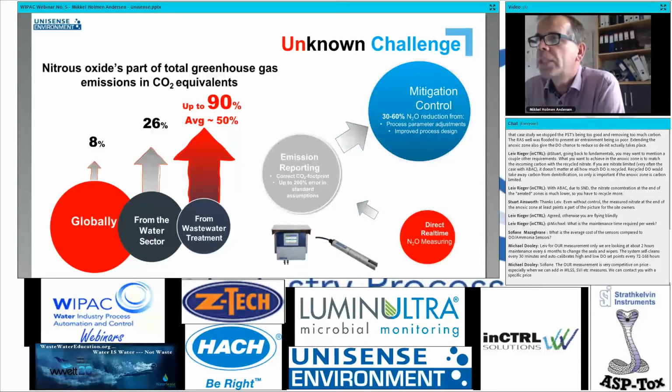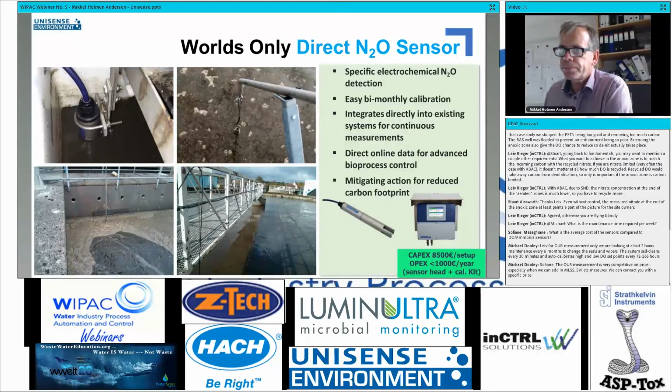So it is the world's only direct nitrous oxide sensor. There are off-gas systems out there that have been used also in the UK for some time, but they are quite expensive and they require a lot of working hours to maintain. This is a standard process sensor compared to an ammonium or nitrate sensor.